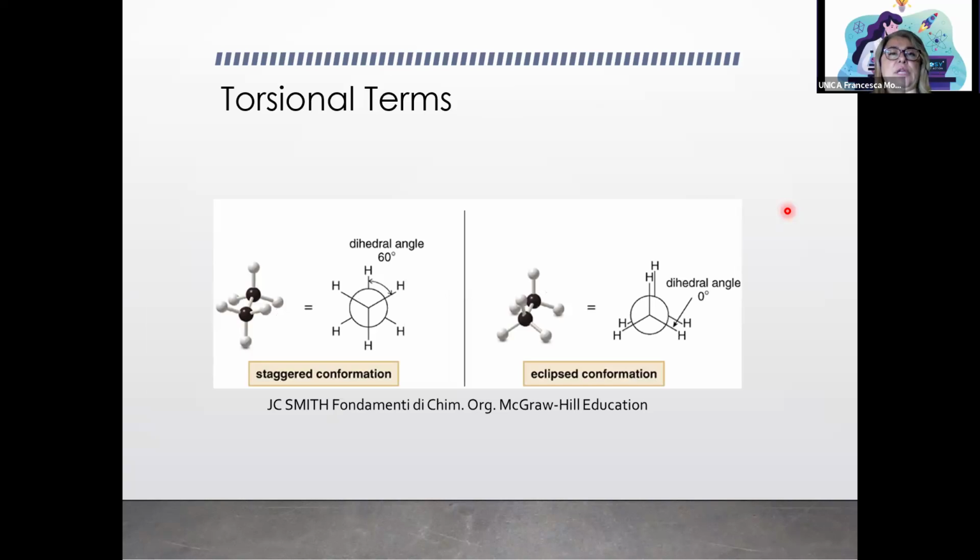The third important term for the bonded interaction is the torsional term.